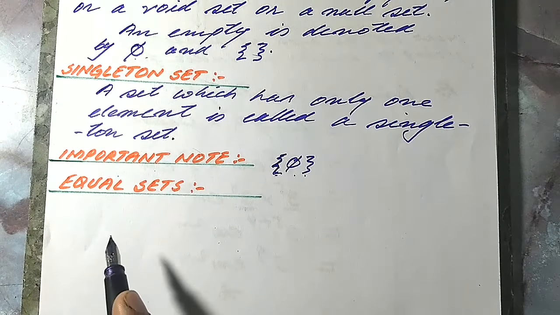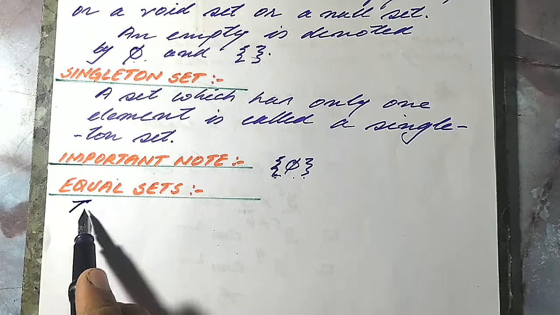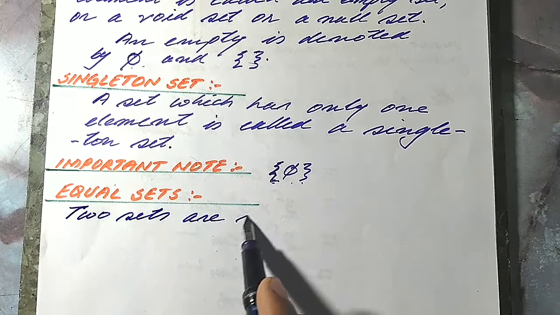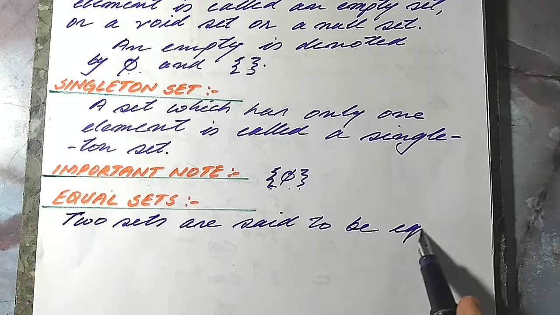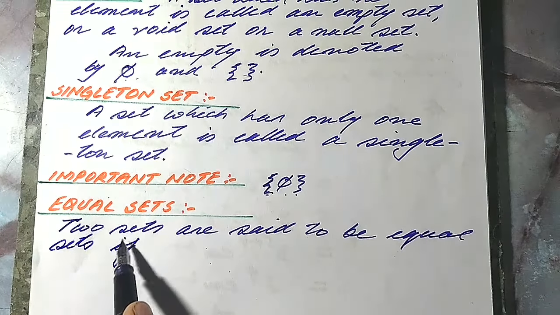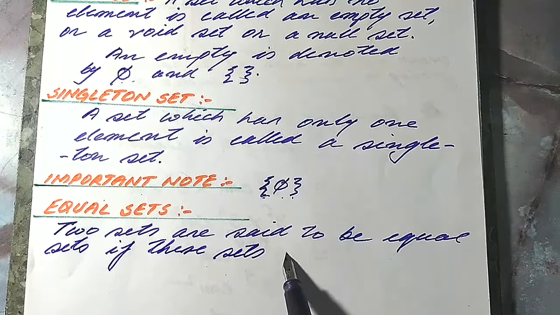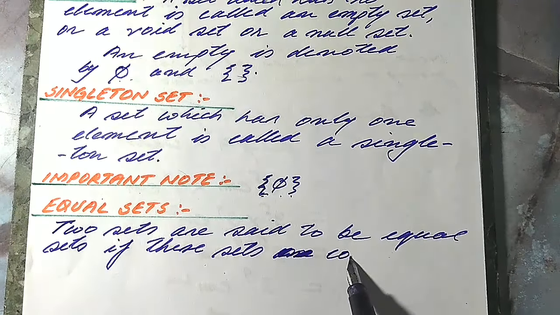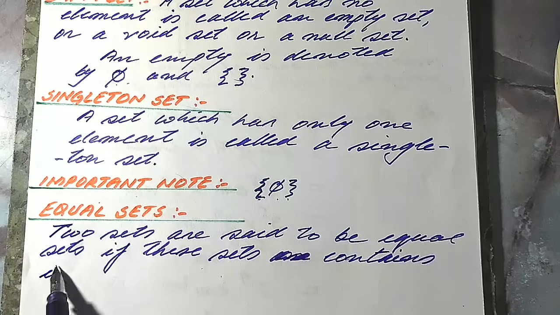Now the next term is equal sets. Two sets are said to be equal sets if these sets contain identical elements.